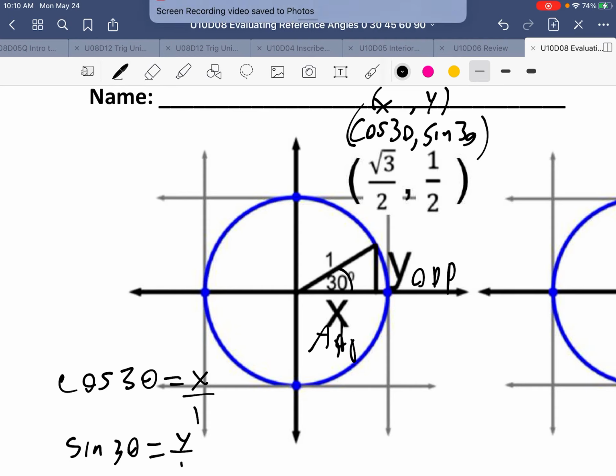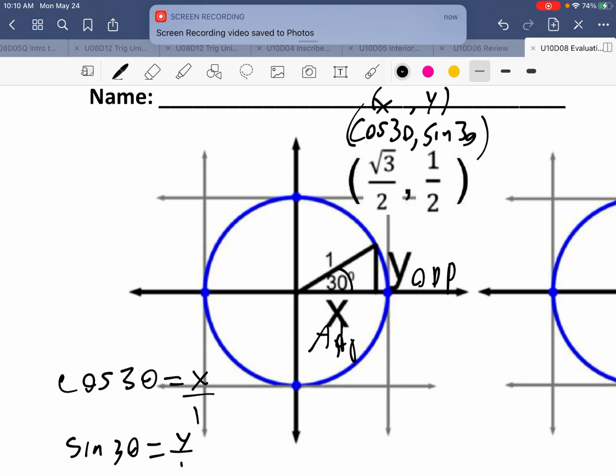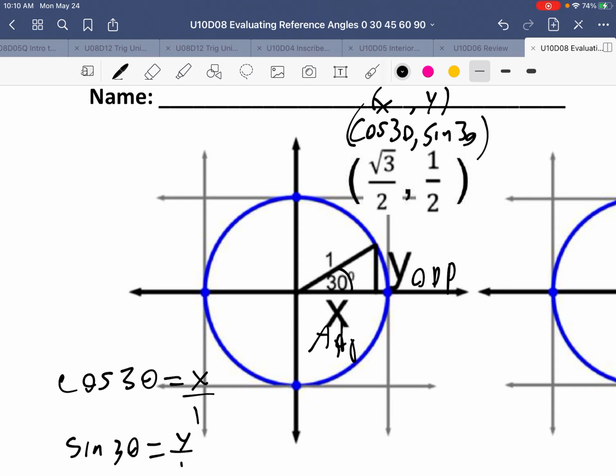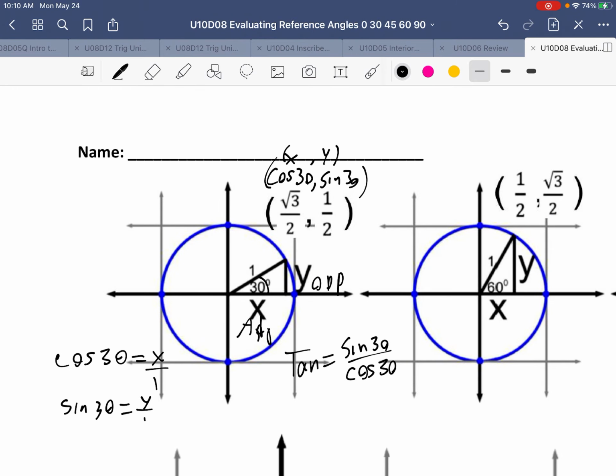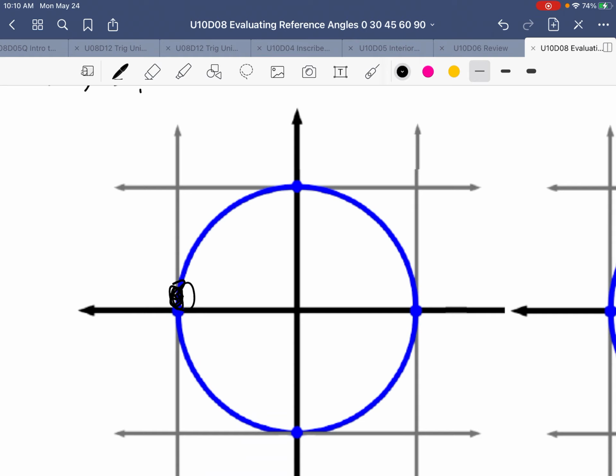So the cosine is our x value, and the sine of the angle will be our y value. Now, tangent is the opposite over the adjacent, or the y value over the x value, which makes tangent equal to the sine value over the cosine value. So we're going to fill in our table using this now. I just wanted to make this clear.